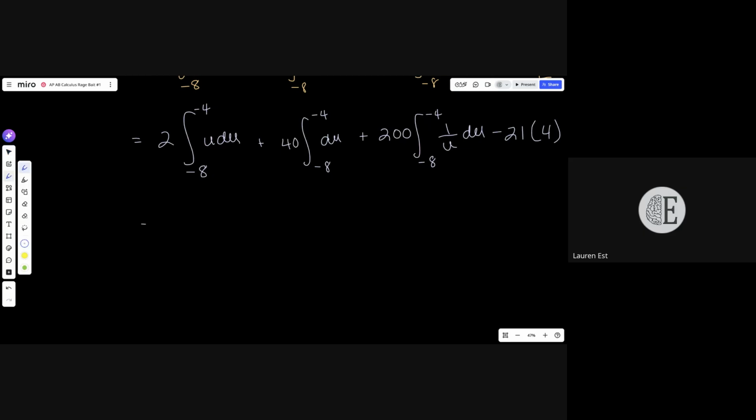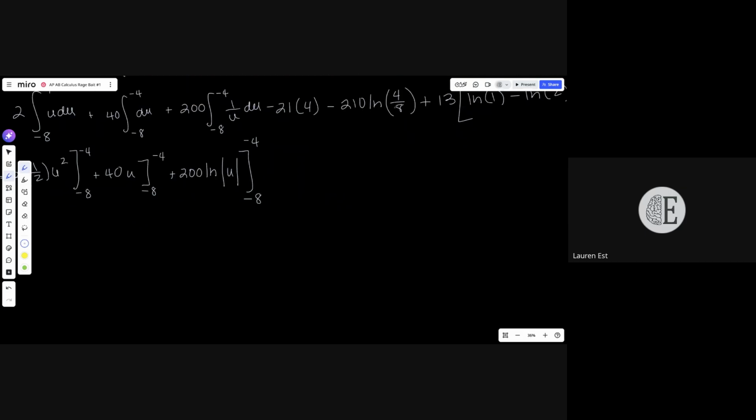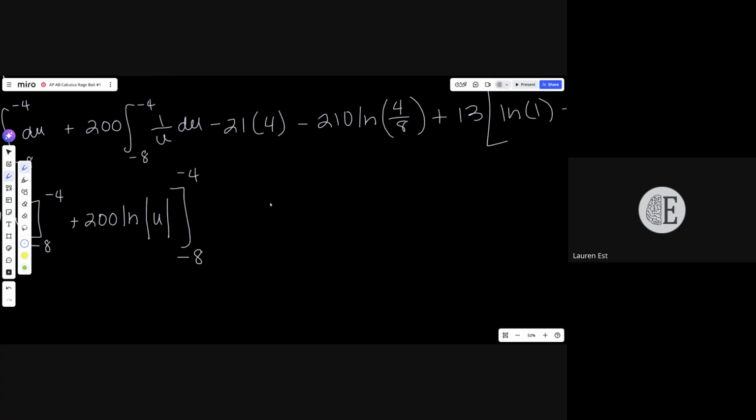This now becomes, if I actually integrate, so -8, -4, plus 40u, -8 to -4. This is going to be plus 200 ln absolute value of u from -8 to -4. 21 times 4 is 20, 40, 60, 80, 84.